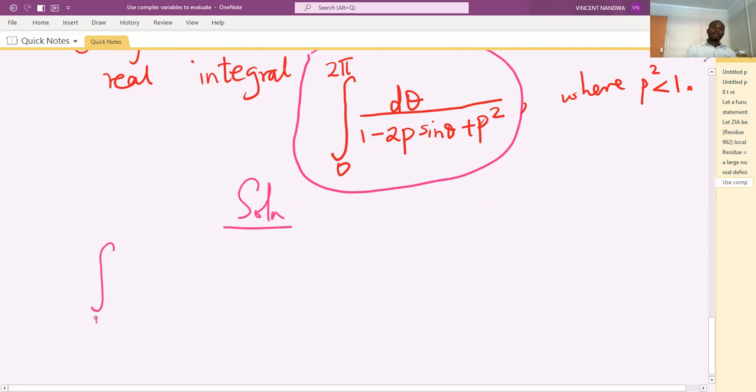we have the integral from 0 to 2 pi d theta over 1 minus 2p sine theta plus p squared.